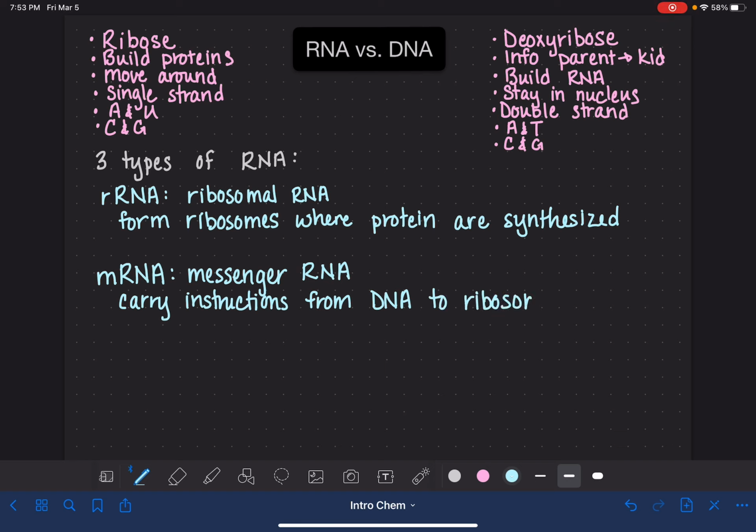And these instructions that are being carried are instructions for protein synthesis. So it's like they carry the recipe. Once the protein has been synthesized, the mRNA molecules fall apart. So they will fall apart after the protein is synthesized.